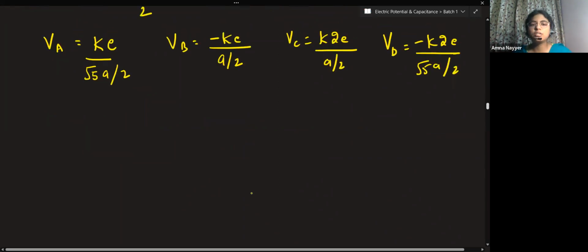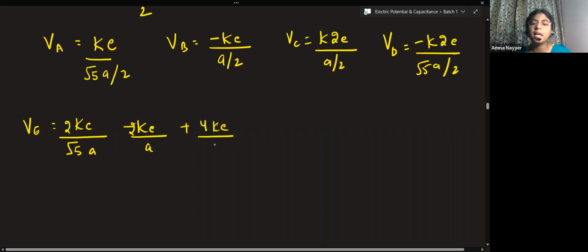So the net potential at E will be what? V net at E, just take the sum of all of them. 2KE by root 5A minus KE by A minus 2KE by A, then plus 4KE by 2A, then minus 4KE by root 5A.